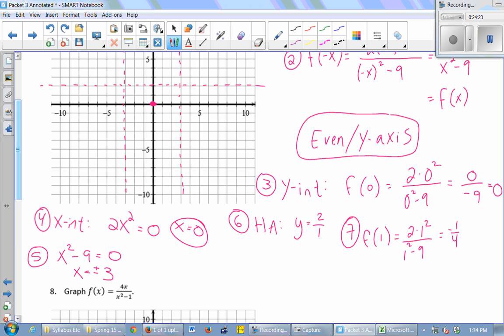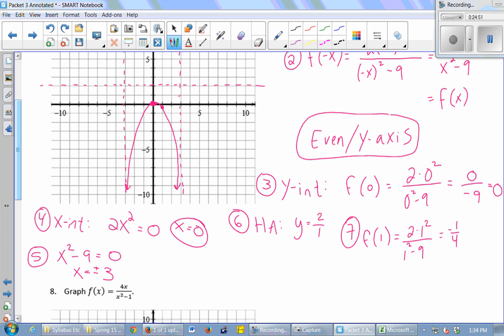So that means it's negative, right? So I would do 1, negative 1/4. I get a point right there. So now I know what direction my graph is going to approach the asymptote with. It's going to go like this. And because I know I have even symmetry, I know the other side is going to do the same thing because I have to have y-axis symmetry.